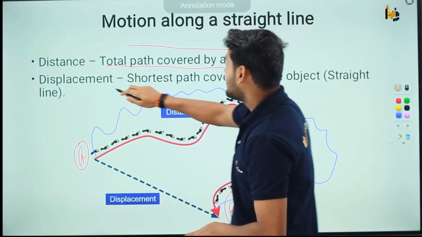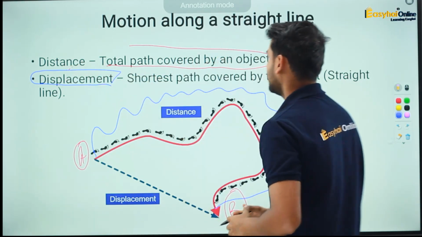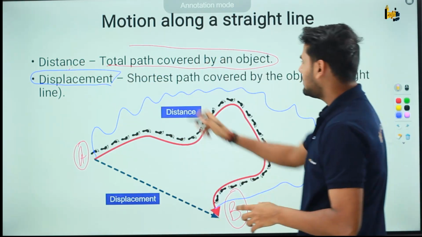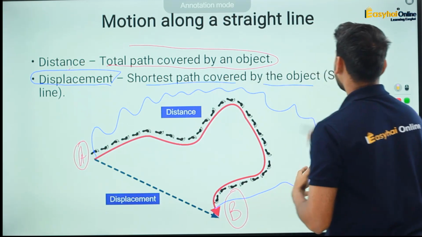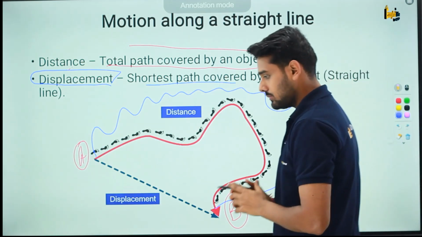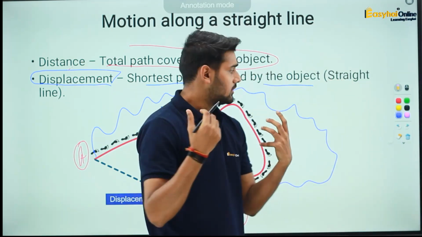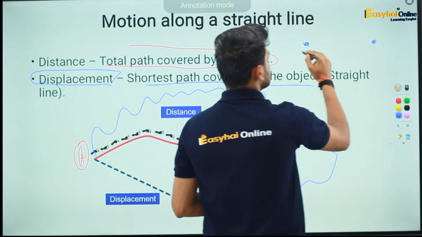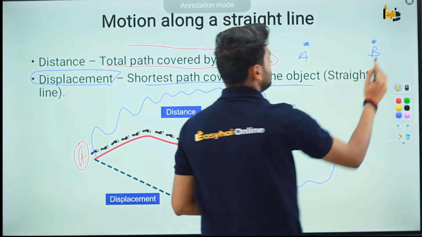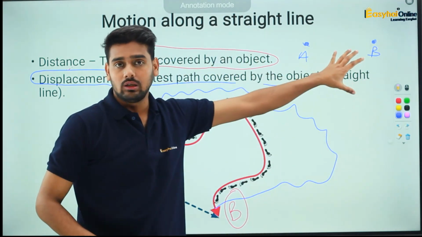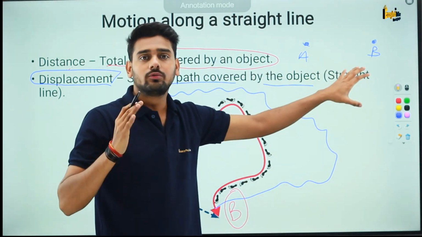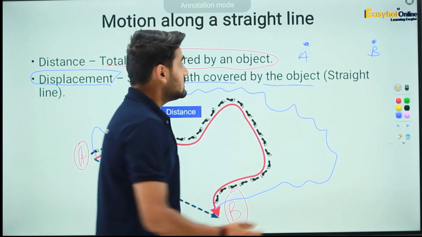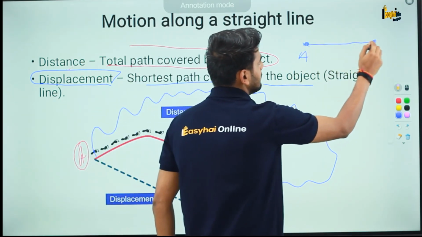But displacement is something different than that. Displacement is simply the shortest path covered by an object. Now you need to understand that this is very obvious as well as a mathematical concept: if this is point A and this is point B, the shortest distance possible between A and B is nothing but a straight line.